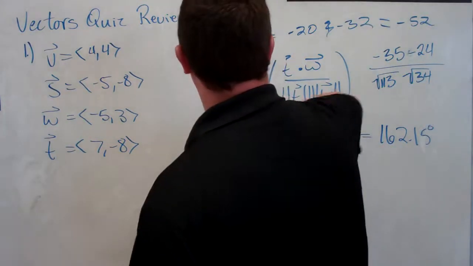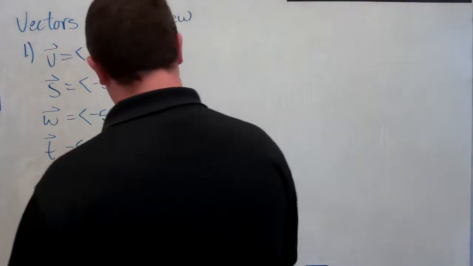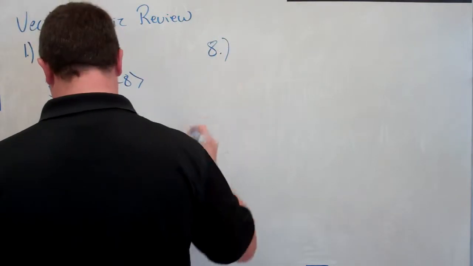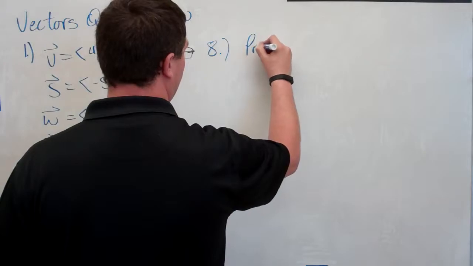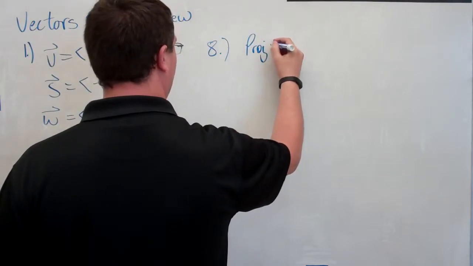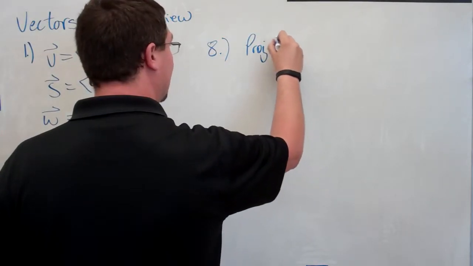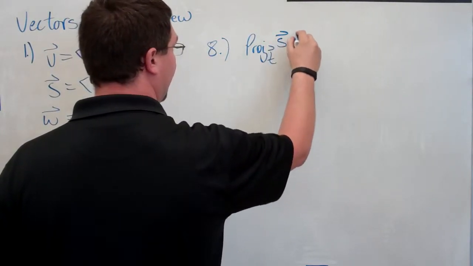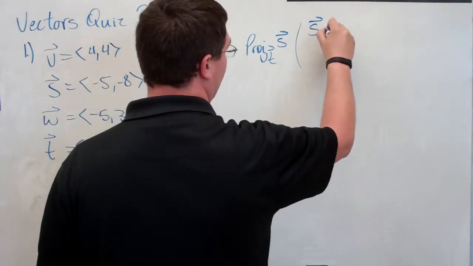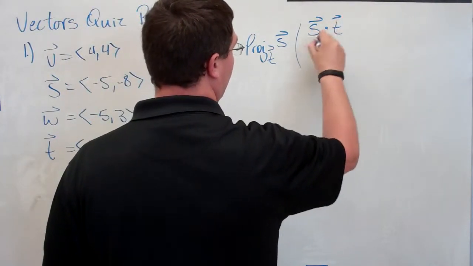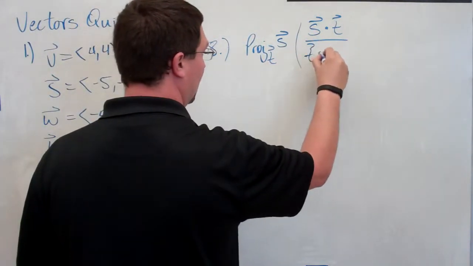Let's go to 8. Almost done. Number 8, we want the projection of S onto T. Now remember, that's the dot product of S and T, divided by the dot product of T with itself.